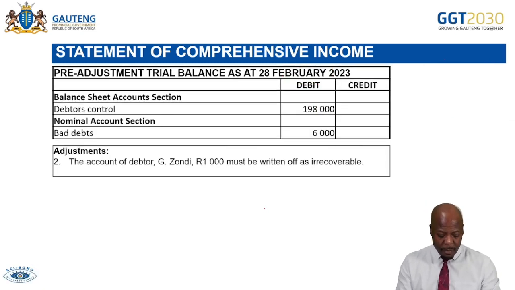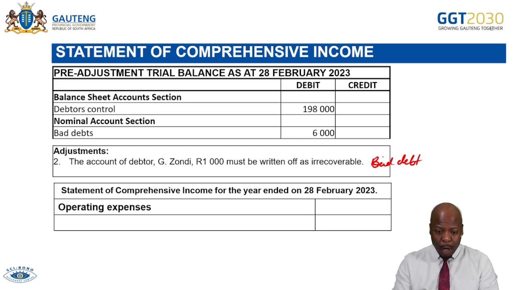And it reads, the account of debtor G is only must be written off as irrecoverable. When an amount is being written off as irrecoverable, we know that it becomes what? Bad debt. Okay, this is a bad debt. So that means we need to record it in the statement of comprehensive income.